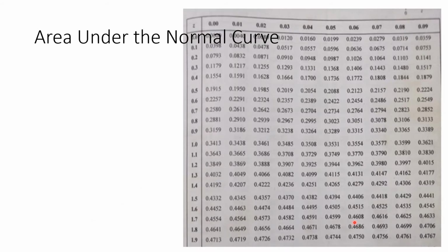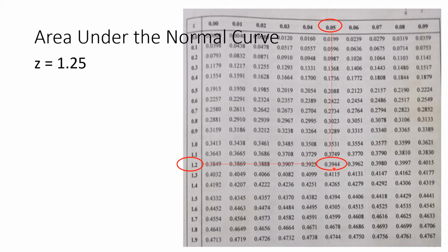Now let us determine the area under the normal curve using the value of z-score. Let's say our z-score is 1.25, so we look for 1.2 here on this column, and the last digit 5 can be seen here on top of the table. So 1.2 is here, and the remaining 0.05 is here.